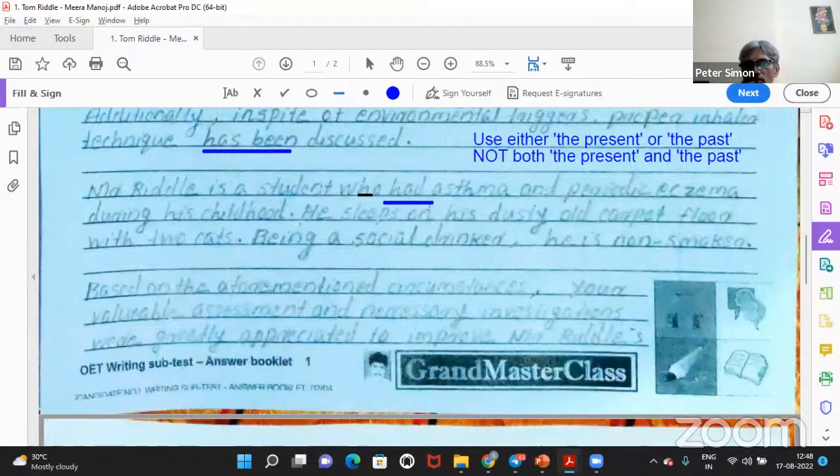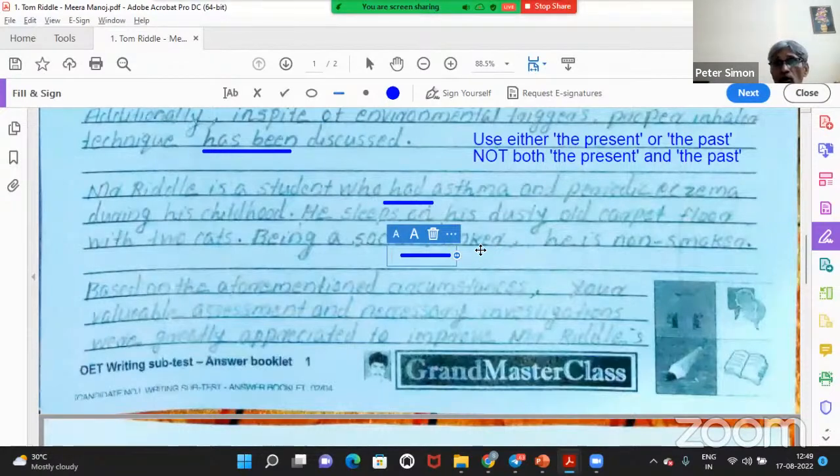He sleeps on his dusty old carpet floor with the 2 cats. Being a social drinker, he is a non-smoker. Don't use these words. These are called labels. You cannot label a person as a smoker or a drinker. Don't label. People will get angry.